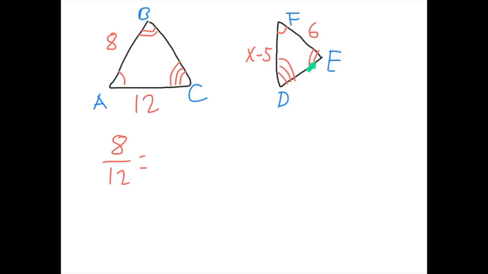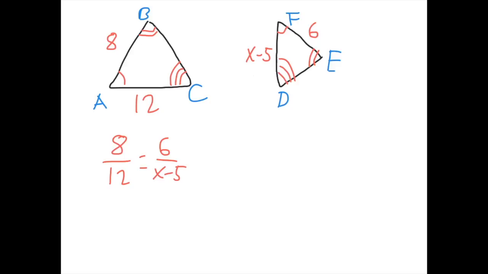So angle 1 and angle 2, those correspond. So 8 corresponds to 6. And 12, the angle 1 and angle 3, corresponds to x minus 5, angle 1 and angle 3. So you have to make sure that they correspond correctly.